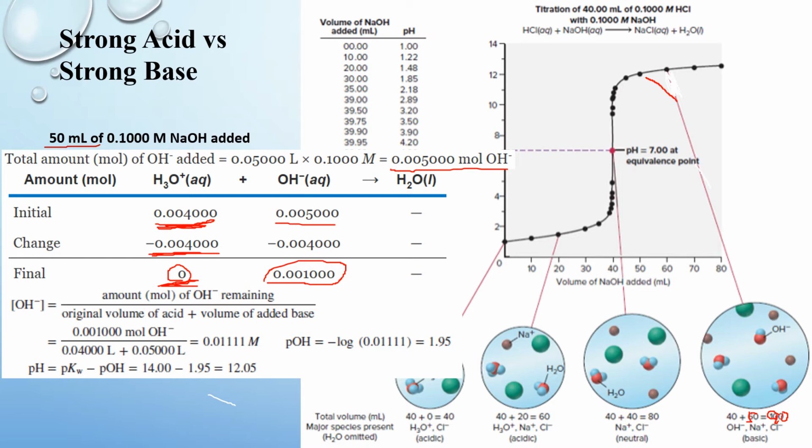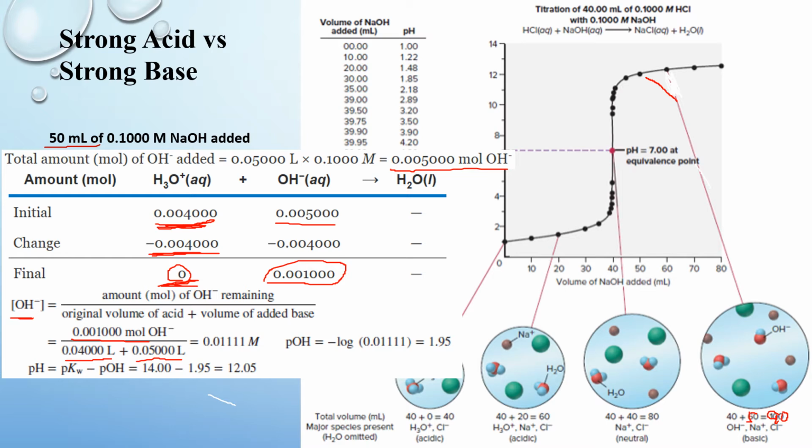Right, so to calculate pOH, we need the concentration of hydroxide. For the hydroxide remaining, which is 0.001 mole, we can convert that into molar concentration by dividing the number of moles by the total volume. We have 40 milliliter of the acid solution, adding 50 milliliter of the base, so the total volume is 90 milliliter, which is 0.09 liter.